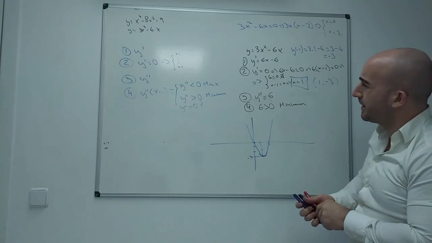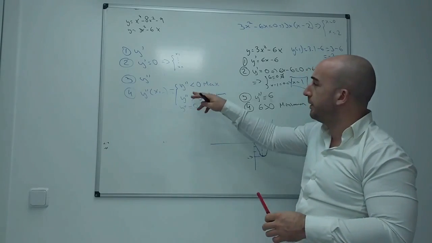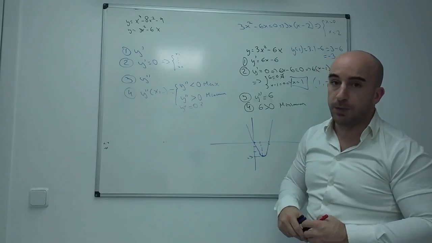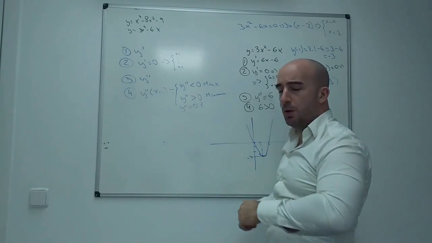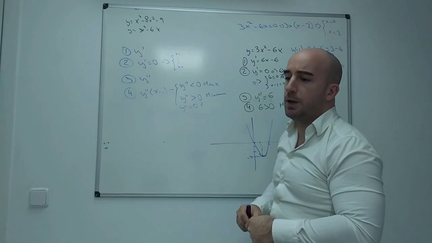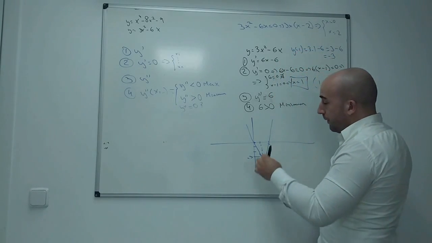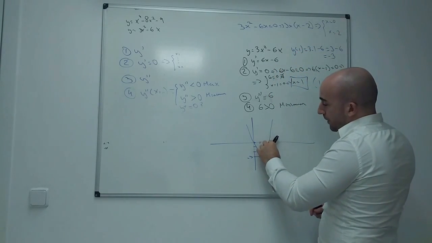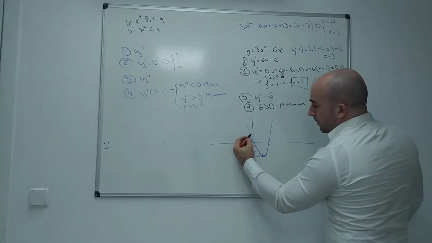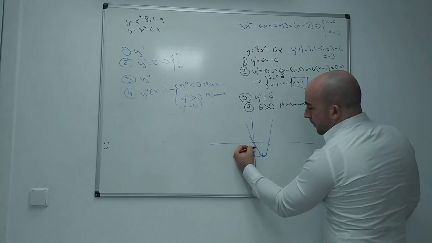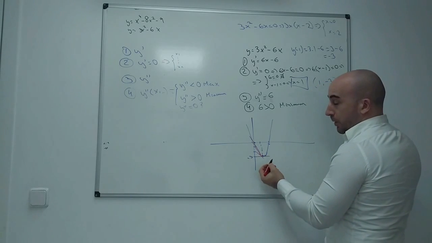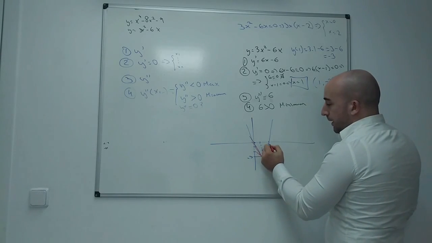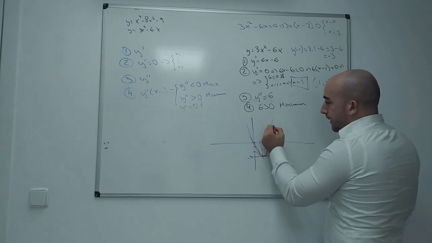I'll give you an idea now why the second derivative follows this rule. If you remember, the first derivative was the slope of a function, and the slope in a curve changes for each point. So if we want to draw the slopes here, we do something like this. They change in the minimum or maximum, they're 0, they have no slope, and then they increase.